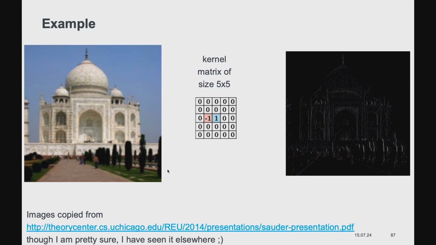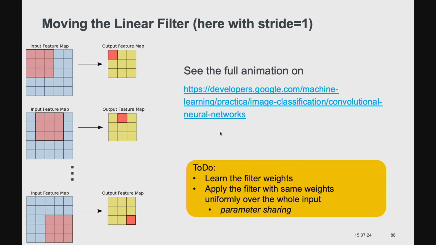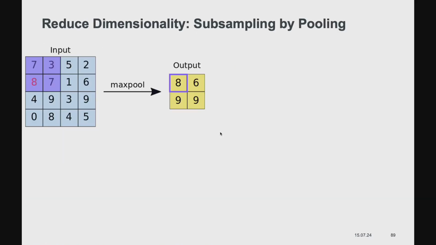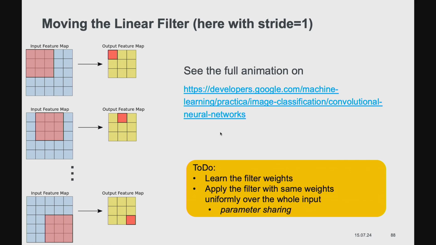If you do this parameter sharing, on the other hand, what you learn maybe is such a kind of a matrix, which is just here 5 by 5, 25 parameters. And what we will do is we will not only learn just one such kind of a kernel, but we want to learn several kernels because we want to recognize vertical structures, horizontal structures, diagonal structures.